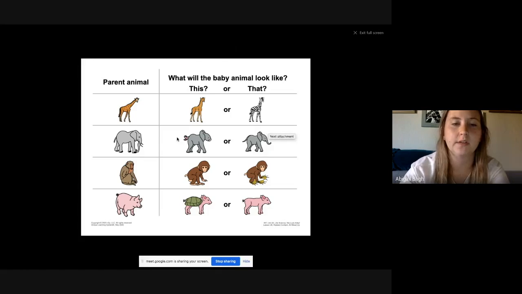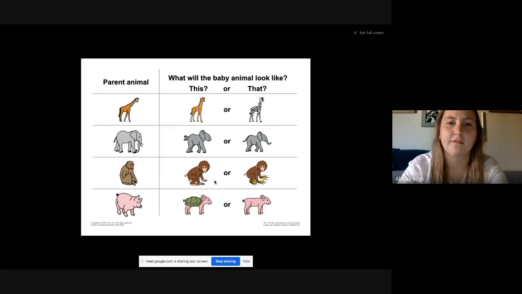All right, moving on to the third one. We have a parent monkey here. And on the right, we have a baby monkey and another baby monkey. I want you to see if you can find any differences between this monkey and this monkey. So I noticed that everything looks the same except this monkey has webbed feet.